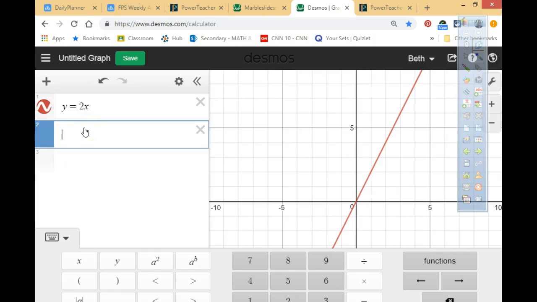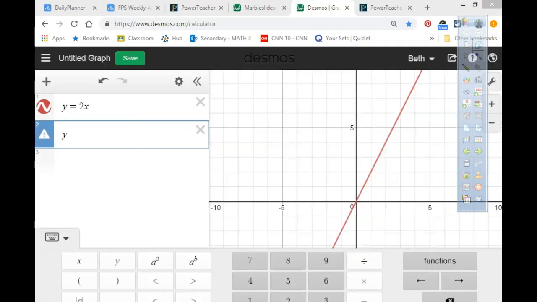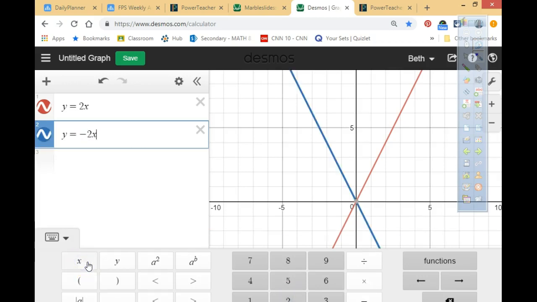You're going to go to the second equation, and it was y equals negative 2x plus 8. So we're going to put in y equals negative 2x plus 8.